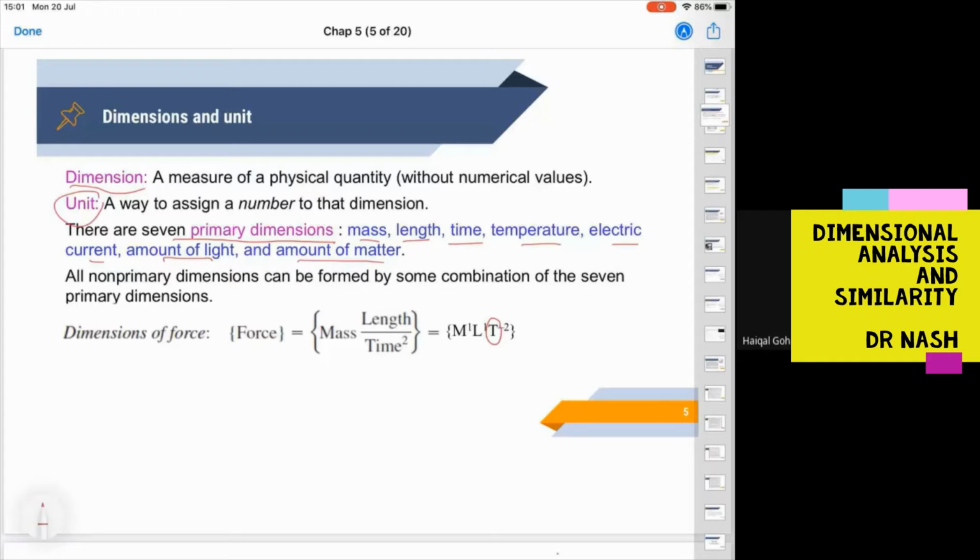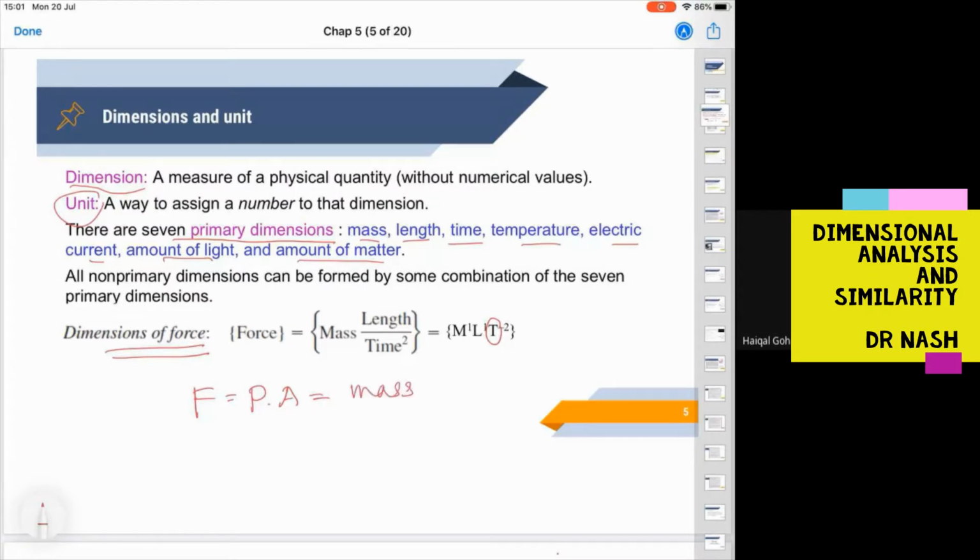So mass, length, time, temperature, electric current, amount of light and amount of matter are primary dimensions yang ada di sekeliling kita. Contohnya kalau kita tengok dimensions of force. Force ni apa? Force equal to P times A kan, pressure times area, ataupun boleh dikategorikan sebagai mass.